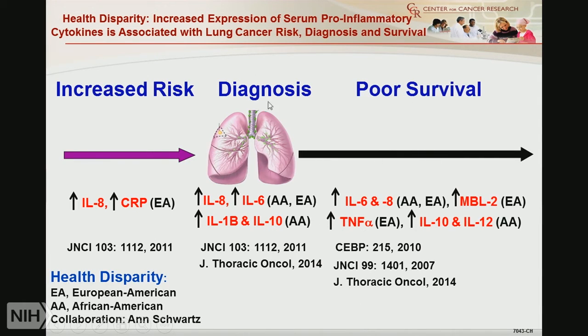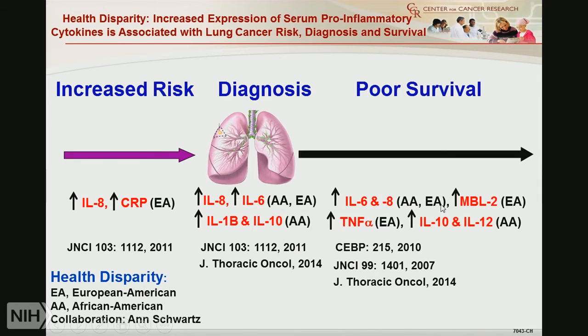How about survival? Well, one can predict survival by measuring these various cytokines, and I'll show you that in a little more detail. So there's poor survival in lung cancer, including early stage lung cancer, if IL-6 and IL-8 are increased, and if there's an increase in mannose binding protein, which is in fact involved in innate immunity.